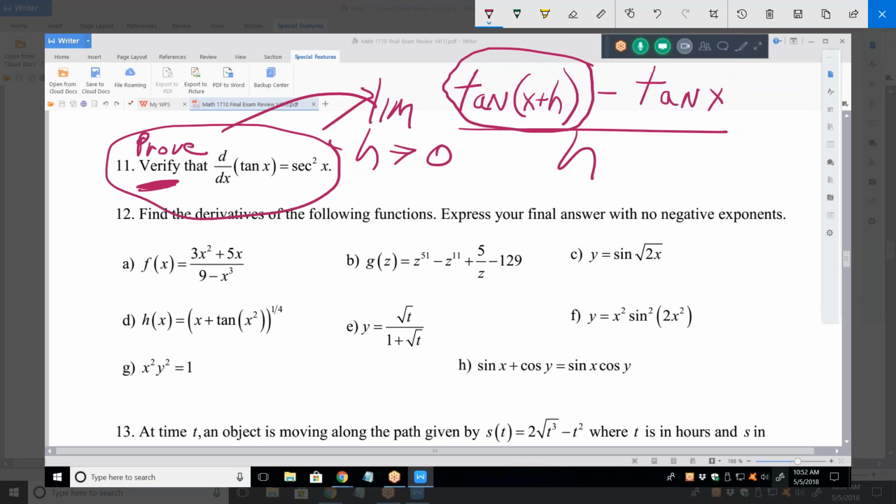But the mere use of the word verify, that's what you do in trig half the time, is you verify trig identities. And so I'm almost now 100% sure that she wanted you to just substitute sine over cosine, take the derivative using the quotient rule, and you end up getting secant squared.